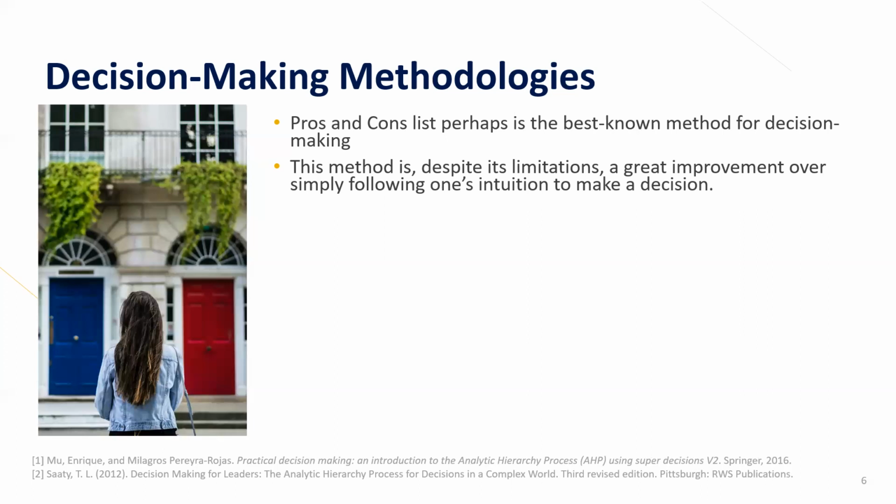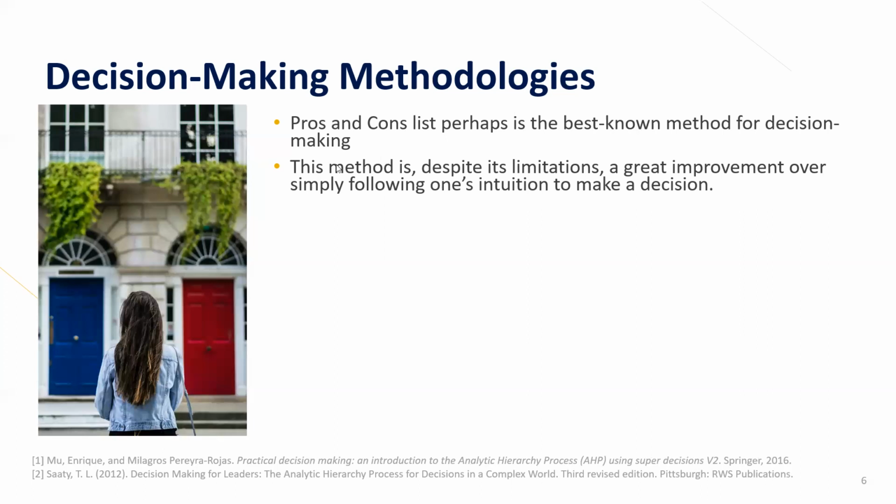Is the house that I want to buy at the location that I want? For example, normally we want a location near public transport, but the price will be expensive. When it's a little bit farther away, it's cheaper. So those are pros and cons lists. That's the simplest and most straightforward method.